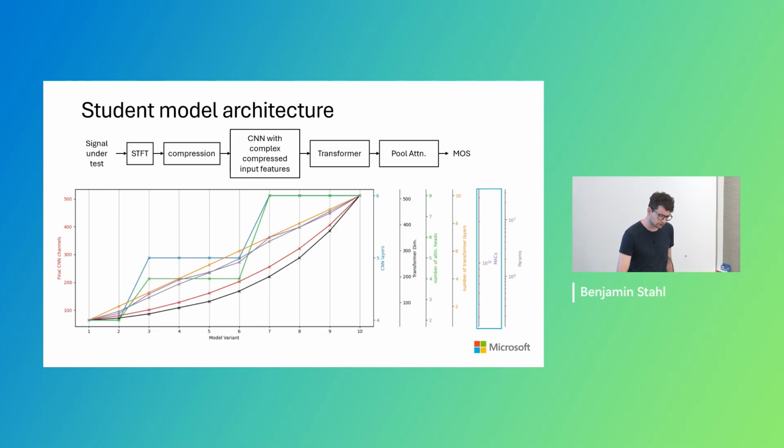So this goes between, what is it, 1 giga-MAC to, what is it, 20 giga-MACs or something. And this goes between 100,000 parameters to 25 million parameters.